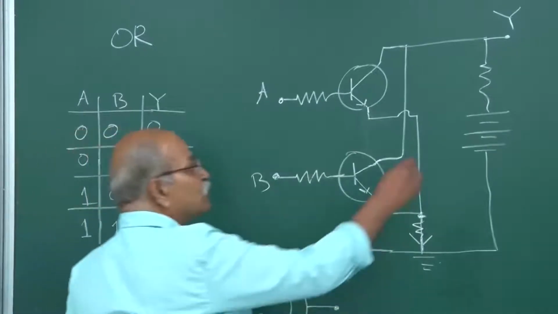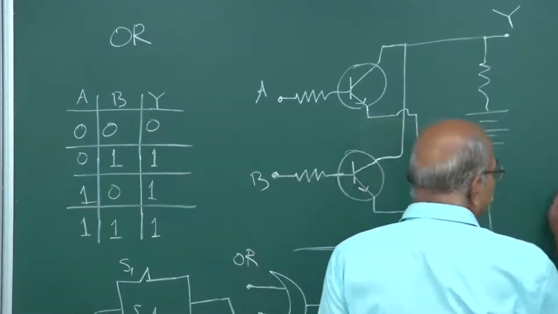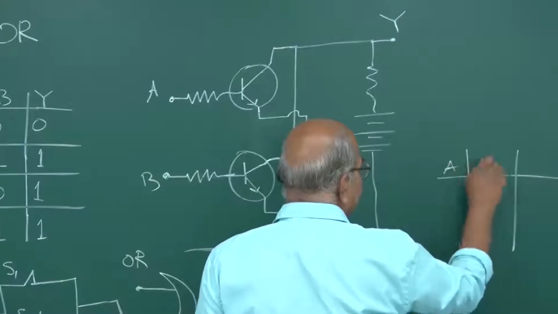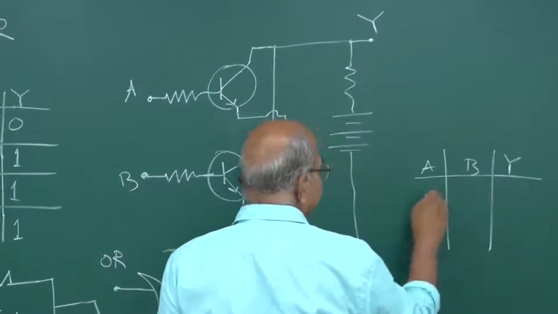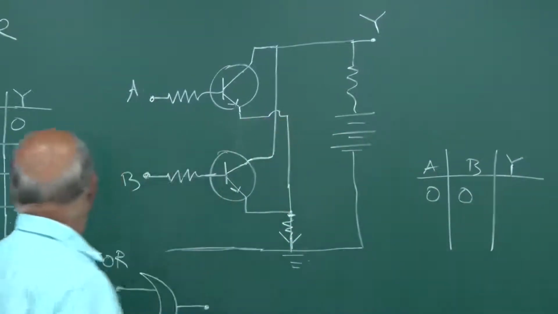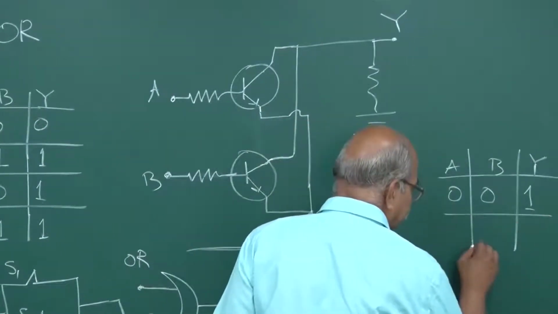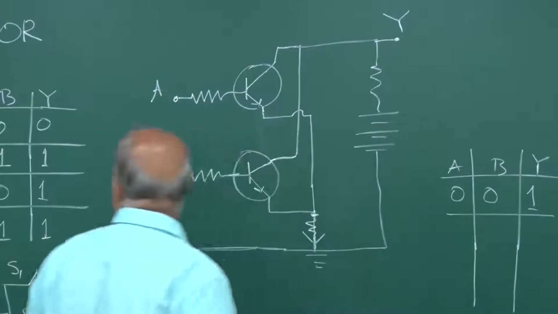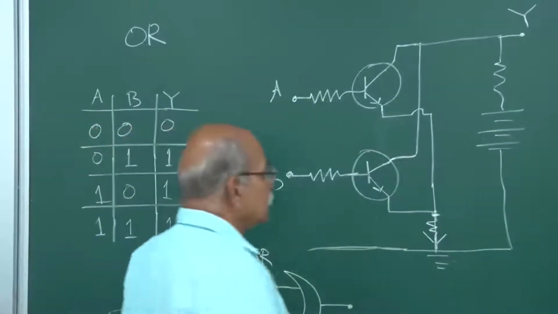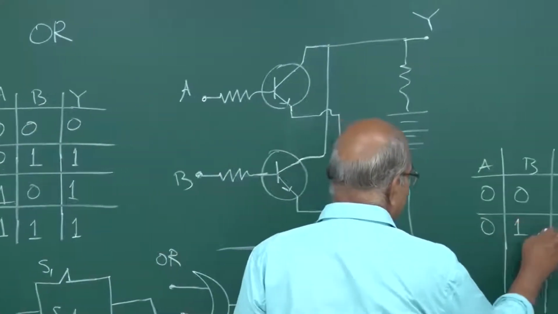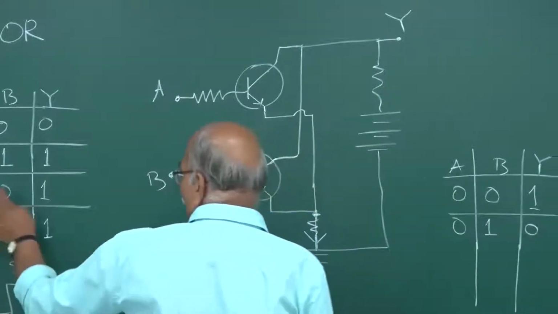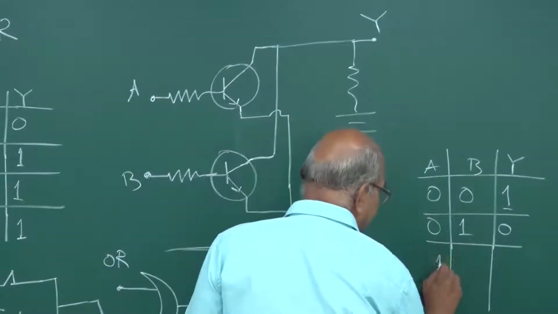If I take the output from here, then the truth table will be A B Y. If I take it 0 0, here 0 0 was 0, here 0 0 will be 1. Then here 0 1 was 1, so here 0 1 will be 0. 1 0 was 1, so 1 0 will be 0.